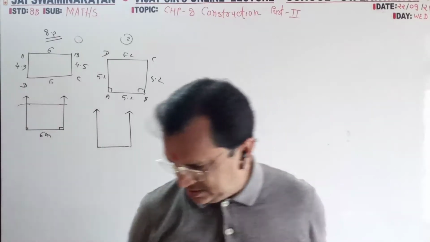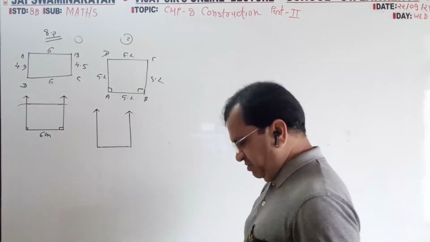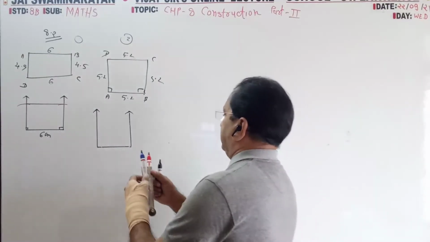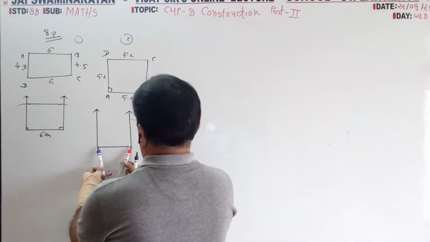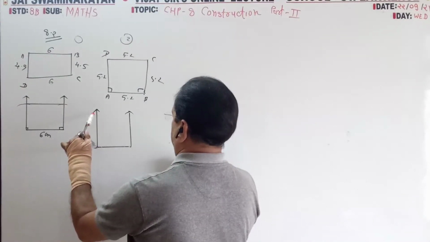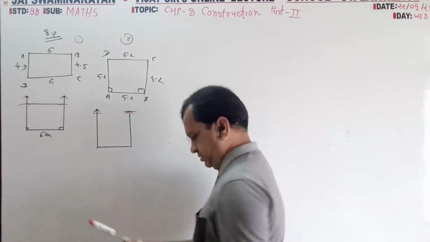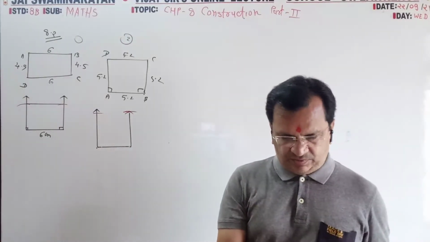Now height is the same because base and height in a square are the same. I'll extend, no problem.